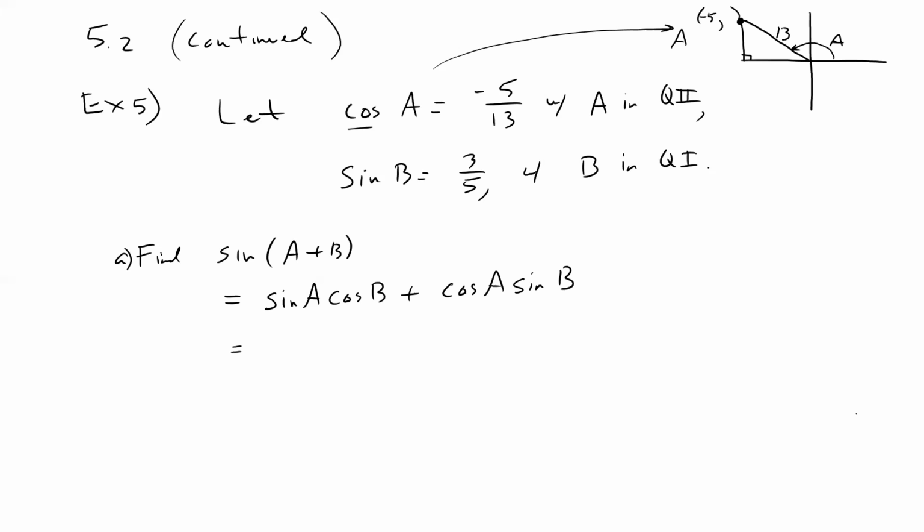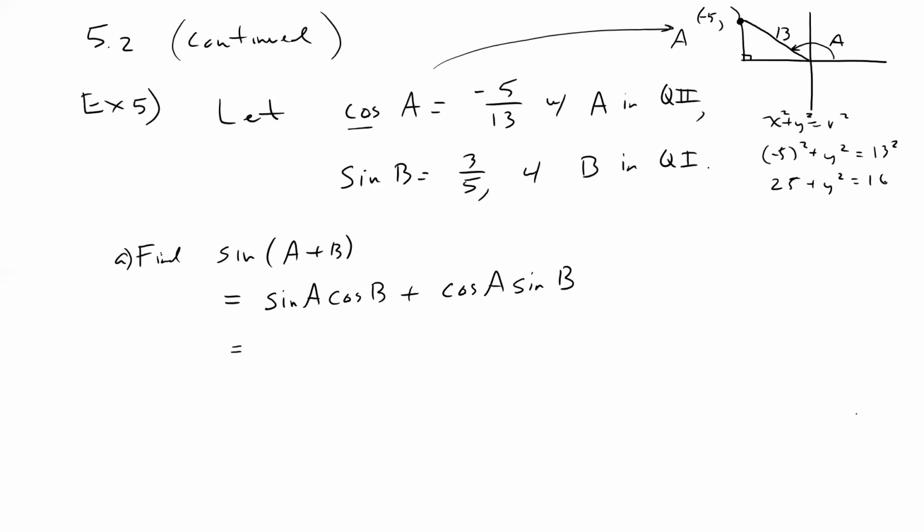I'm hearing Pythagorean theorem, kind of stuff like that. Let's see, x squared plus y squared equals r squared at that point. So negative 5 squared plus whatever y squared would be becomes 13 squared.